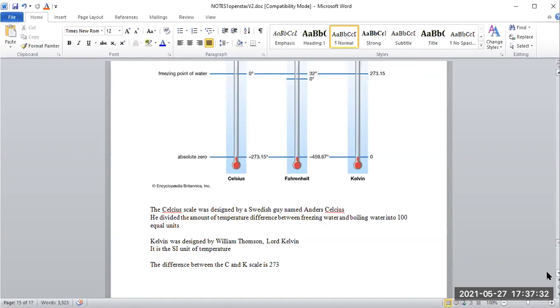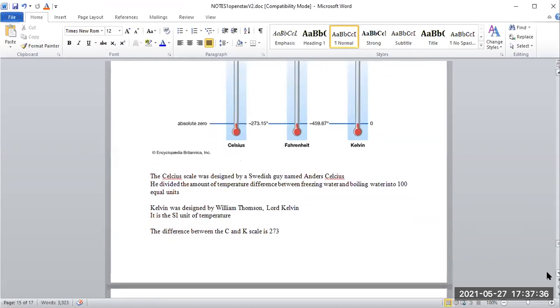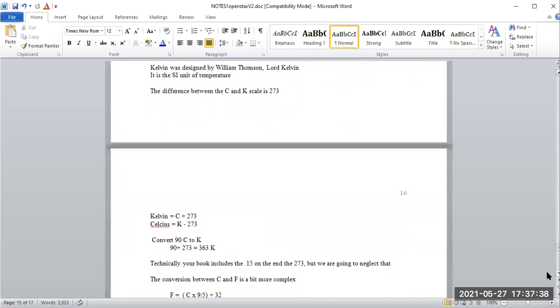Celsius and Kelvin are very, very closely tied together, in that Kelvin is Celsius plus 273. And like I said, if you want to carry all the decimal places with it, technically it's 273.15. Celsius can be Kelvin minus 273. So getting back and forth between those two is really pretty straightforward. You're either adding or subtracting this fixed value.